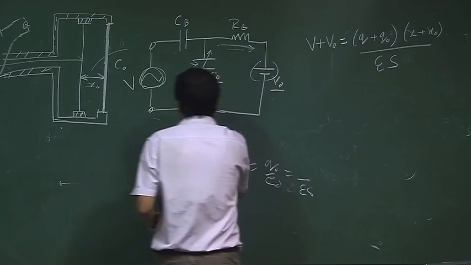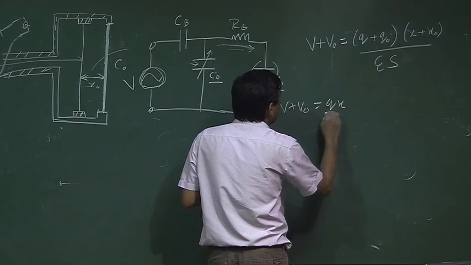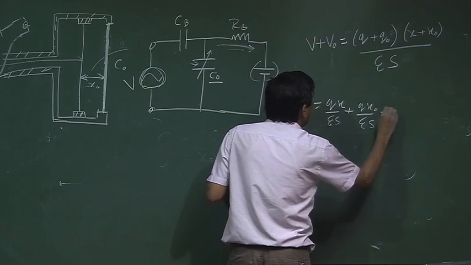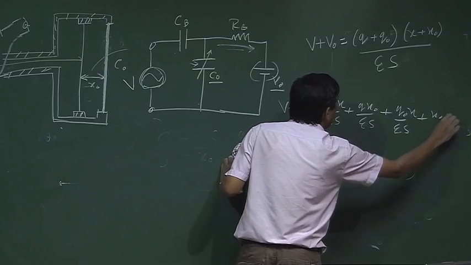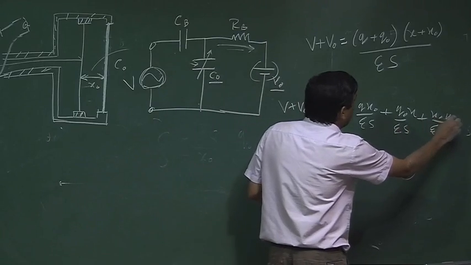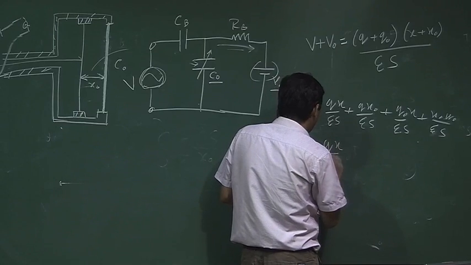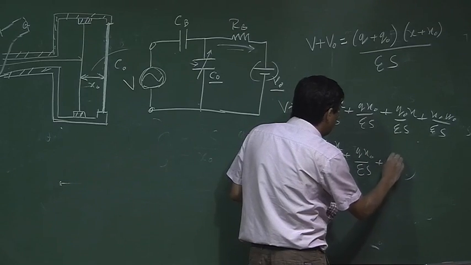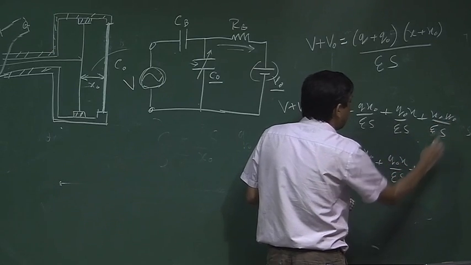Now, if I simplify this, V plus V0 is Qx by epsilon S plus Qx0 by epsilon S plus Q0x by epsilon S plus X0 Q0 divided by epsilon S. Now, X0 Q0 by epsilon S is nothing but V0.